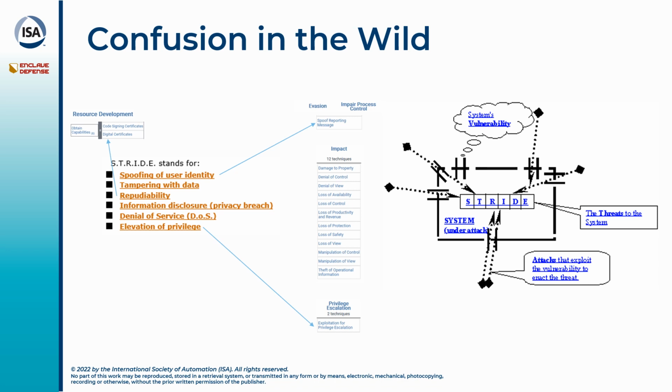Tampering with operational ICS data to manipulate control or what an operator sees on the HMI, information disclosure, and denial of service are interesting because they are all more appropriately associated with impact, which the ATT&CK framework includes as a sort of final or culminating action on target or tactic.